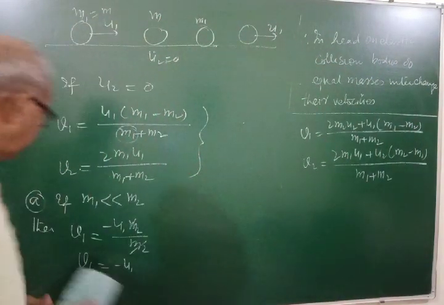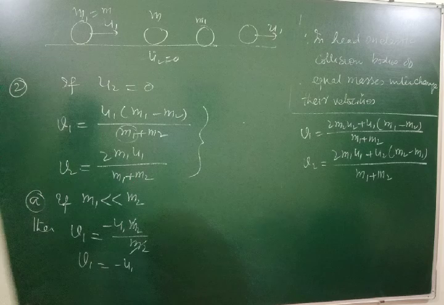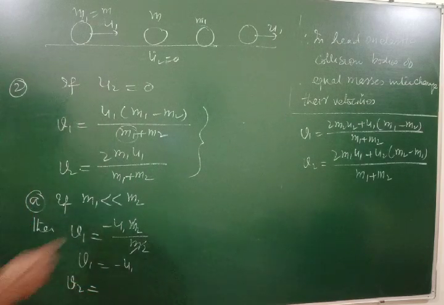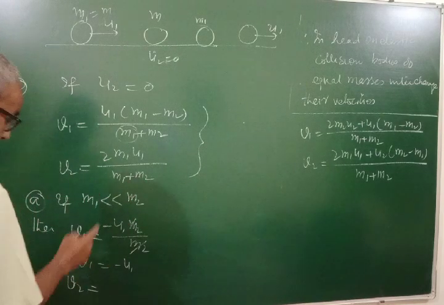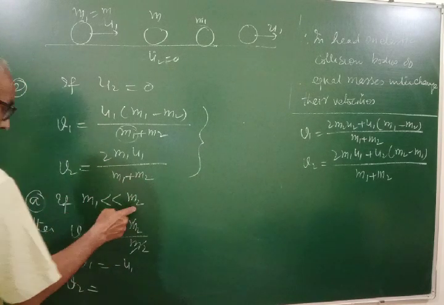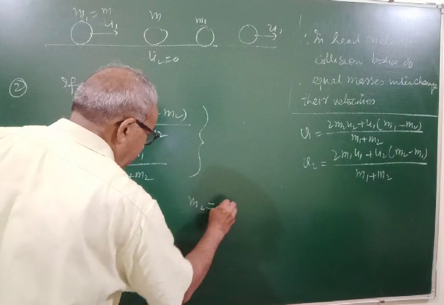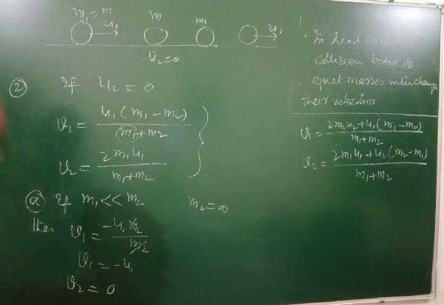Is that clear? Now what is v2 then? v2, m1 being negligibly small, so with m2 infinity, if I say m1 is very much less than m2, then v2 is 0.